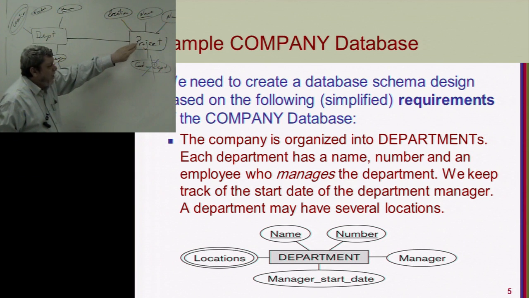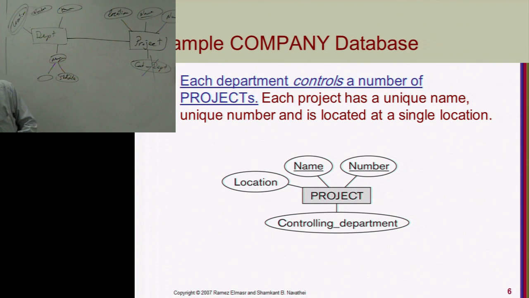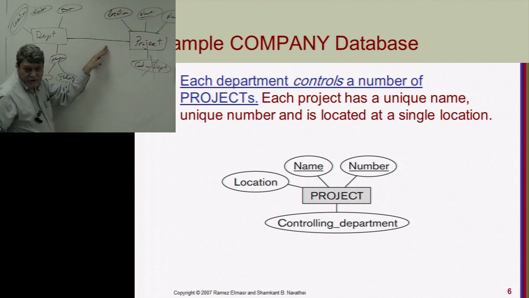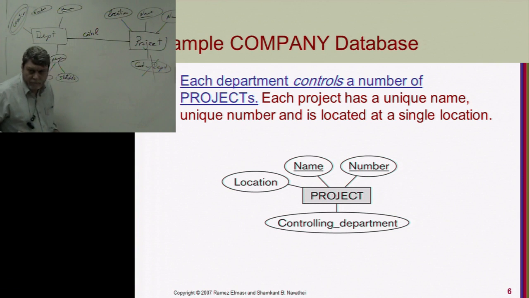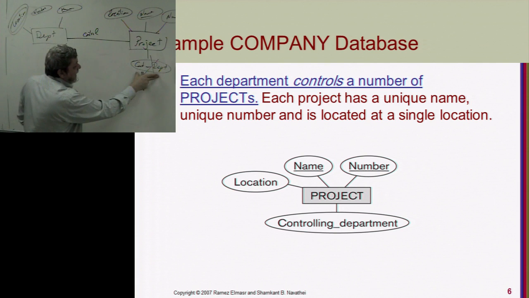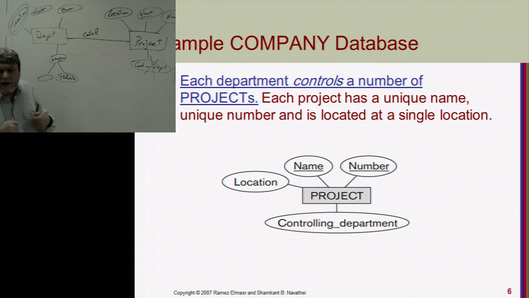Each project is controlled... Let me use the same sentence he wrote here. He said each department controls a number of projects. So a department controls projects, right? So let me write it this way. Instead of representing it as an attribute, I represent it as a relationship. If a department controls a project.